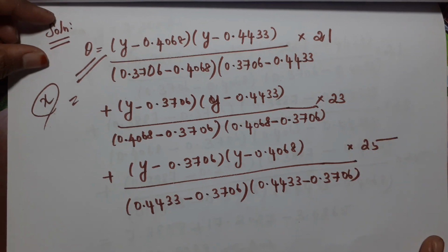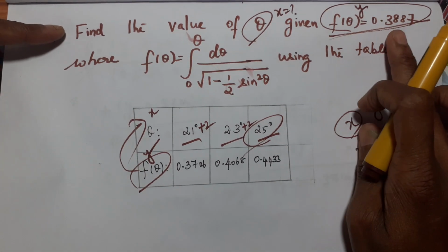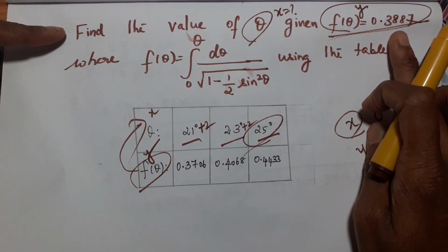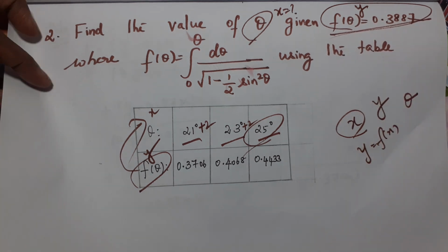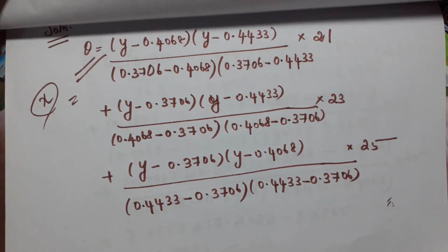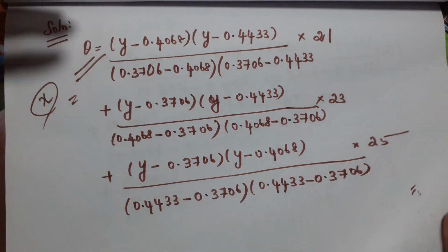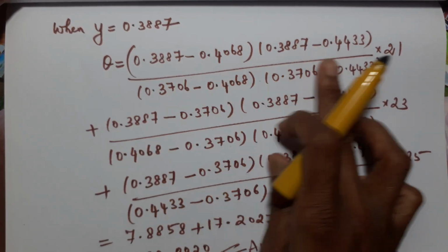Is it clear? Then for the given y, f of theta is given as 0.3887. So we have to replace y by 0.3887 for finding theta. In this we substitute y as 0.3887.